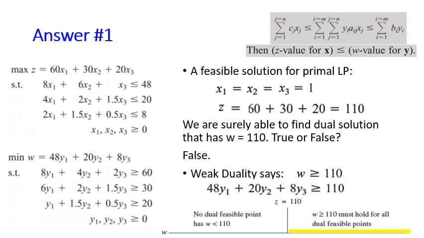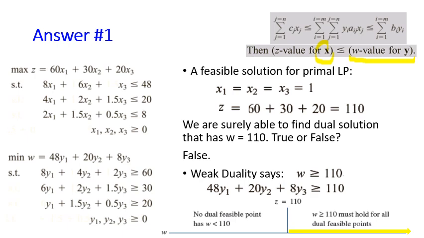The answer is false. The first lemma in weak duality just says that any feasible y will have a W value that is greater than or equal to the Z value for x, which is feasible for the primal. So our Z value here is 110. This just says that for any y, the W value will be greater than or equal to 110.